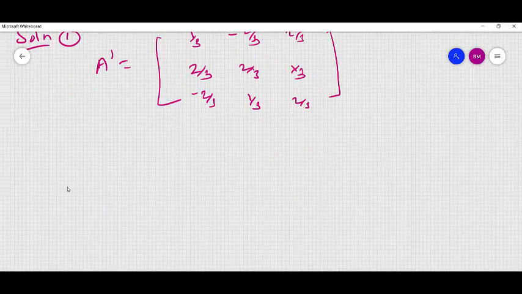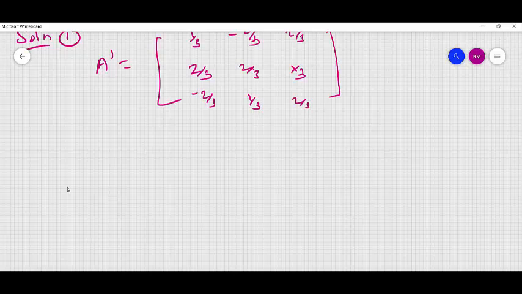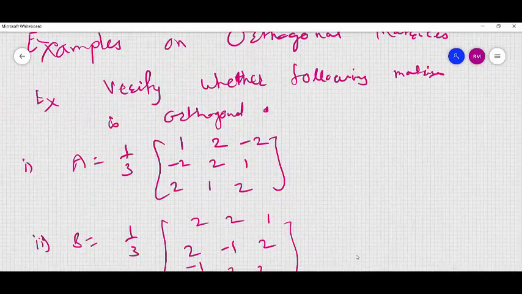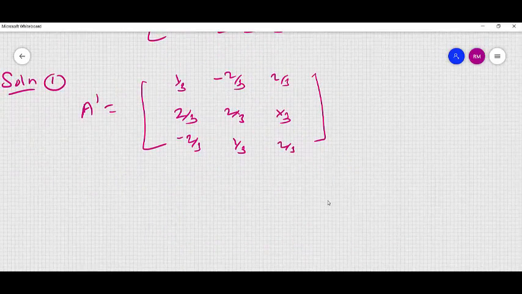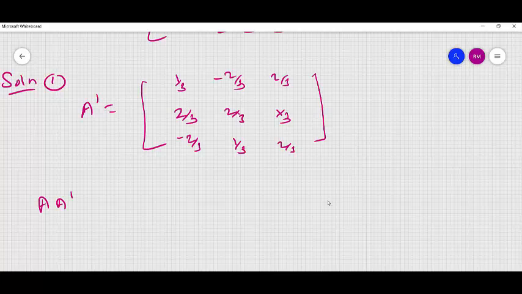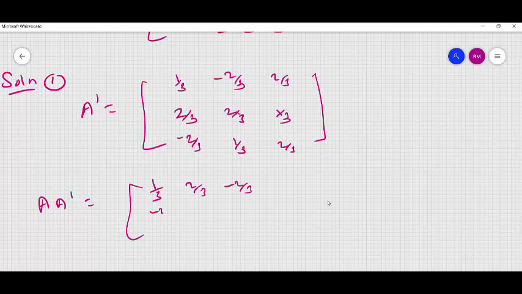And to check the orthogonality, we have to take this A matrix, 1, 2, minus 2, and take the product A transpose or A dash, that is equal to: this is the first matrix, 1 by 3, 2 by 3, minus 2 by 3, minus 2 by 3, 2 by 3, 1 by 3, 2 by 3, 1 by 3, 2 by 3.